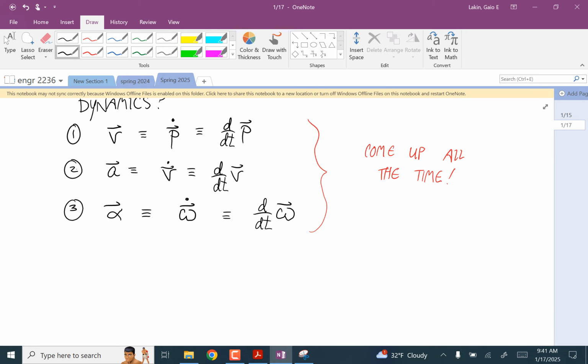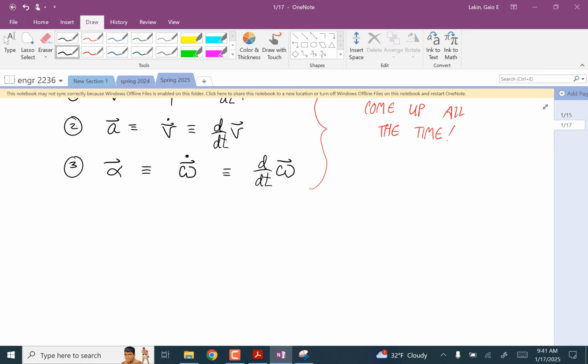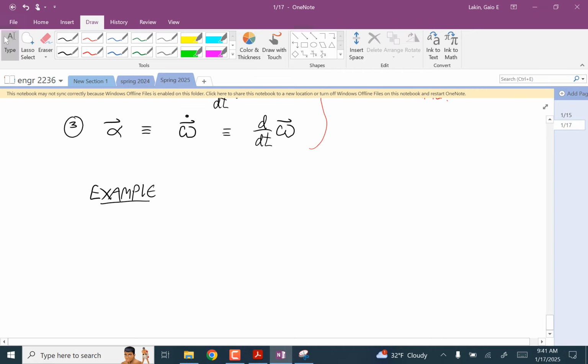Okay, let's try one. So let's say we have the example dq ds is equal to s squared over q. And we'll do this for s and q positive.